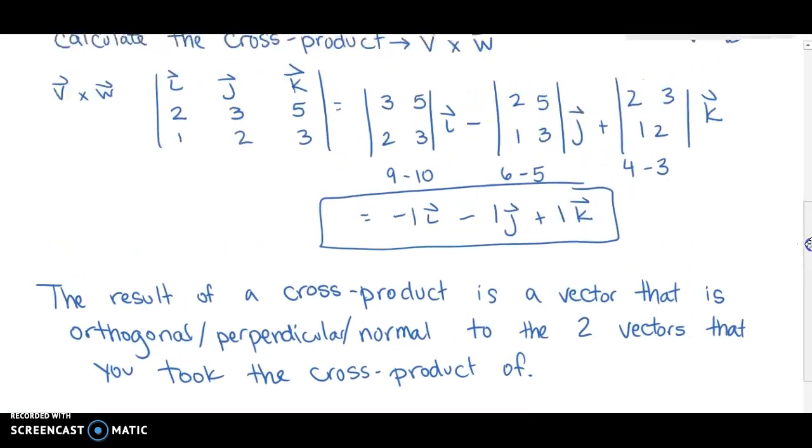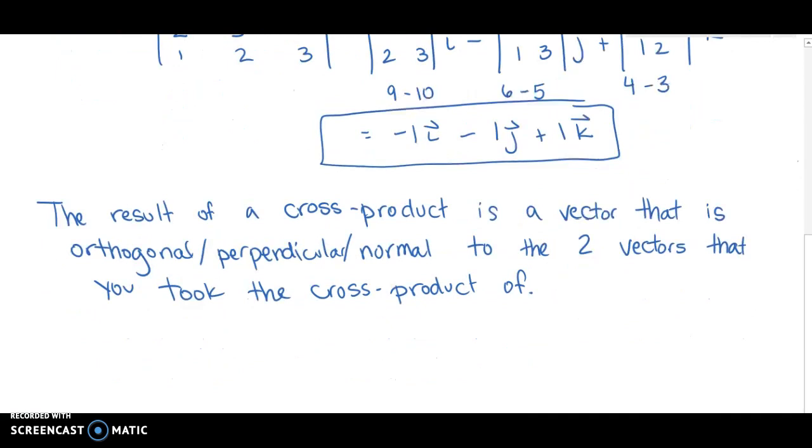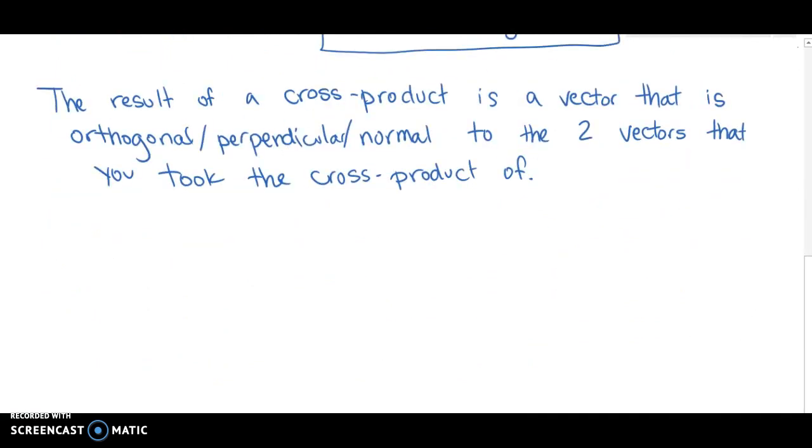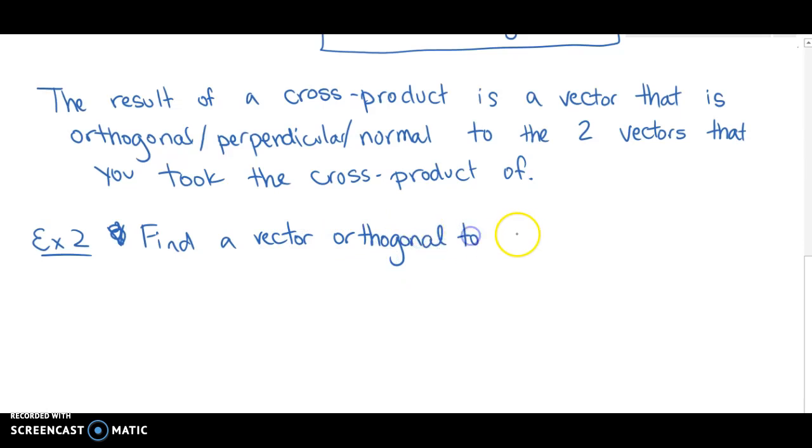So you're going to end up with a problem that looks something like this. This is our last example. Find a vector orthogonal to vector v and i minus k, if vector v is equal to negative 6i plus 3j plus 4k.